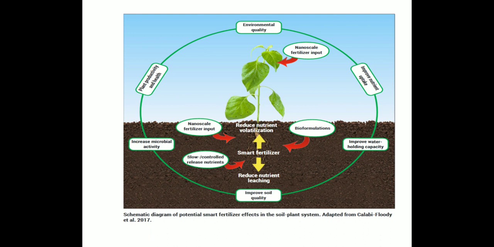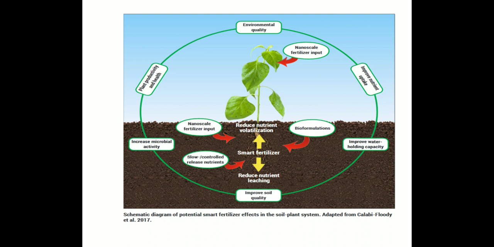Smart fertilizers are converted into smart and finally reduce the leaching of nutrients. This is the detailed information regarding the potential power of the smart fertilizer, as the nutrients can be converted into slow release, ultimately increasing their efficiency and reducing the loss of nutrients through leaching, volatilization, or denitrification.